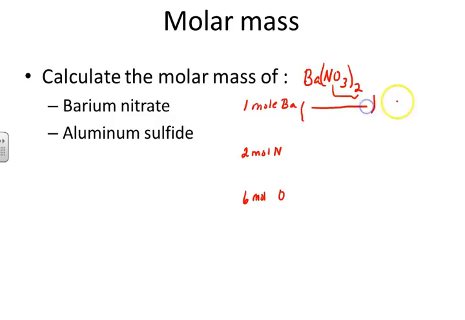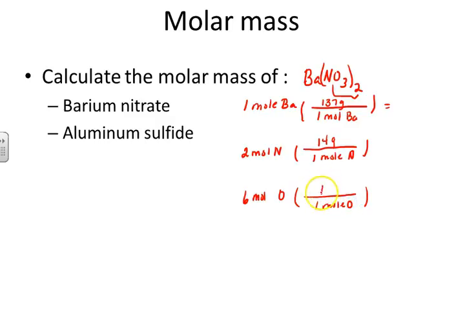We then need a conversion factor to get us to grams. So we can say that for every 1 mole of barium, we have 137 grams. The 137 comes from the periodic table. For every 1 mole of nitrogen, we have 14 grams, and for every 1 mole of oxygen, we have 16 grams.